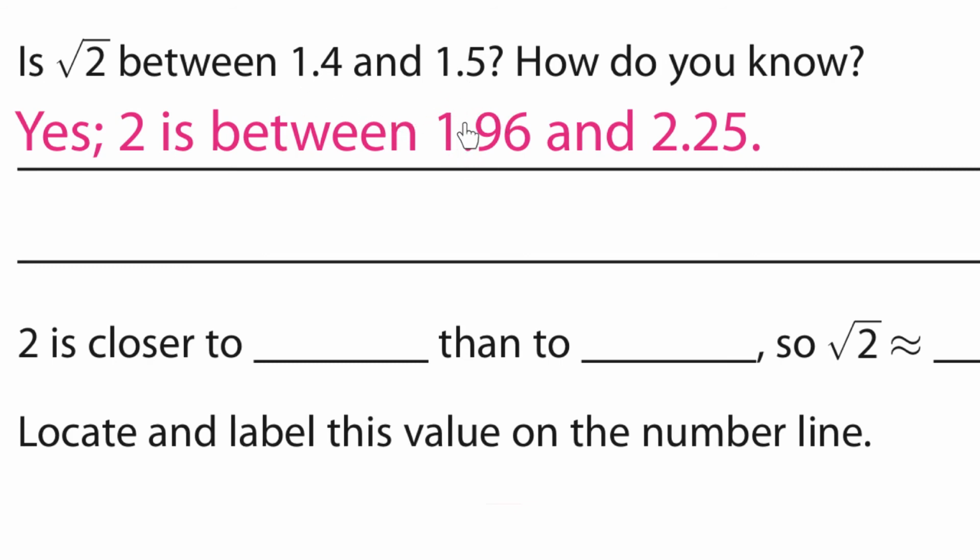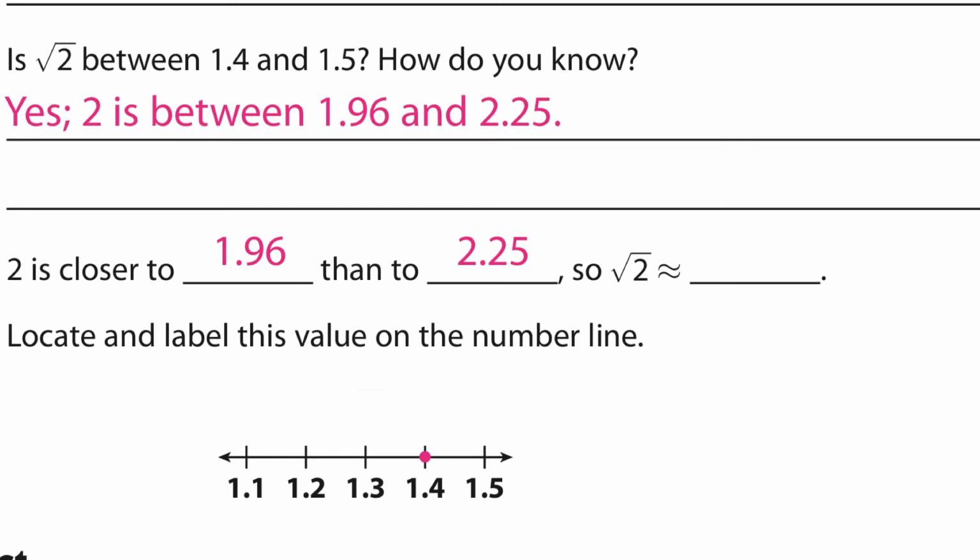I think it's closer to 1.4, because 1.96 is closer to 2 than 2.25 is. So the square root of 2 is somewhere around 1.4. 1.41 maybe? Pretty darn close to 1.4. Square root of 2 is about 1.4.